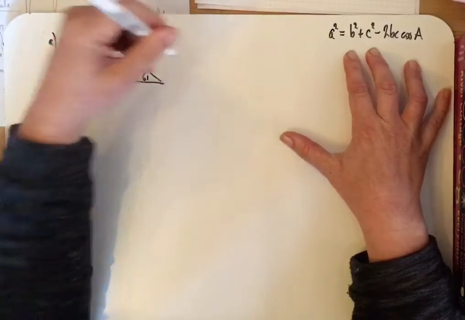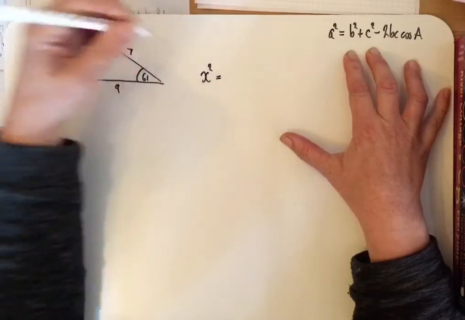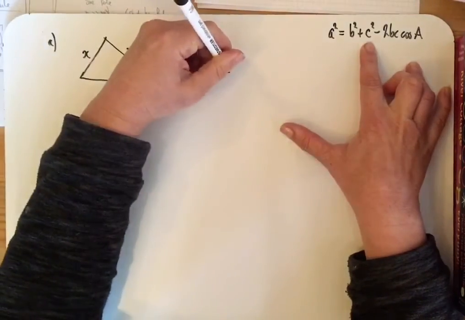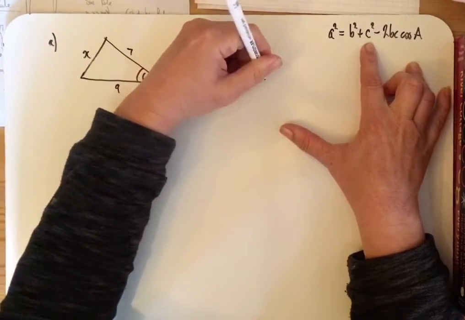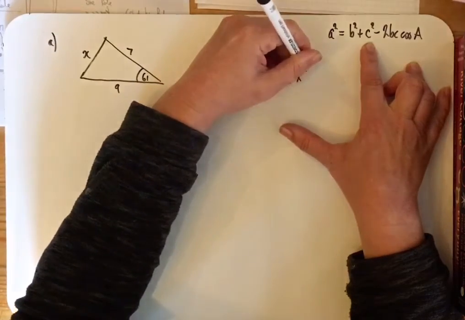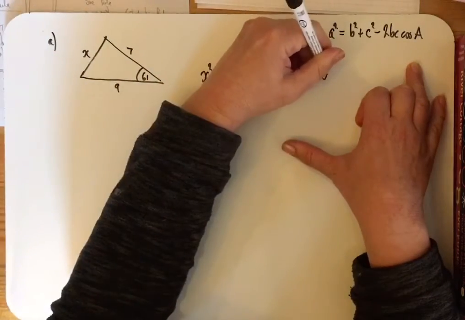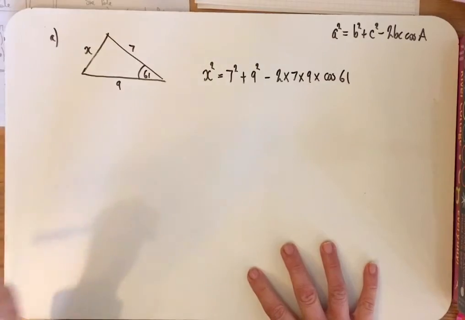So x squared is equal to one of the sides squared plus the other one squared minus 2 times 7 times 9 times cos of the included angle. And then that's just nice and easy.